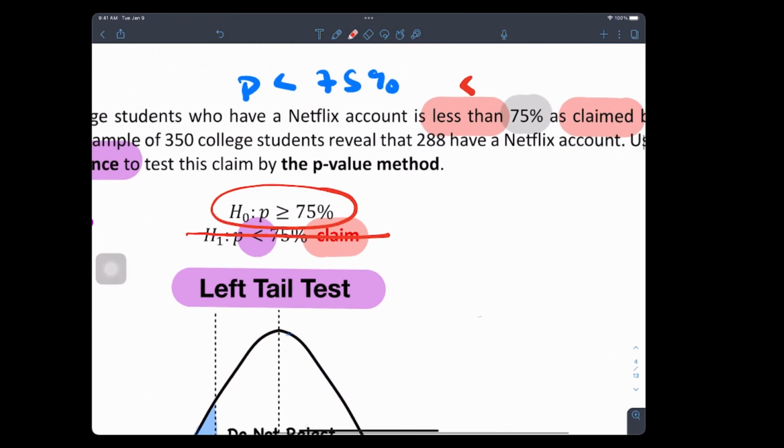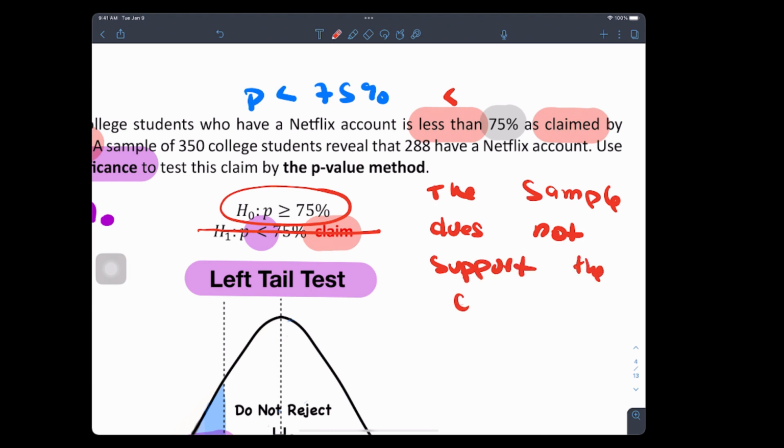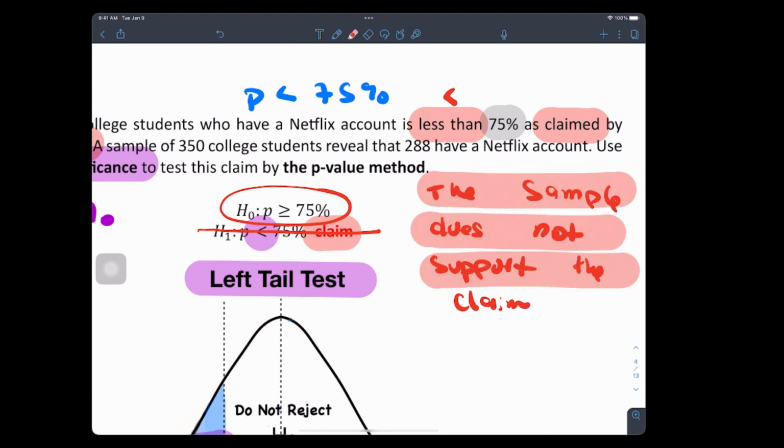The claim. What's your conclusion then? The sample does not support the claim.